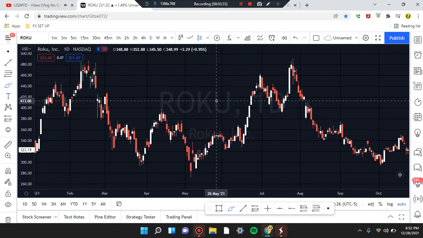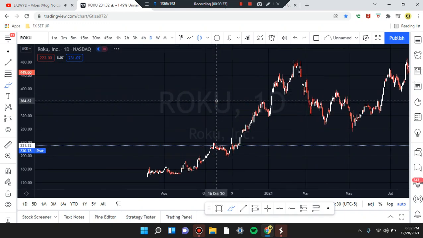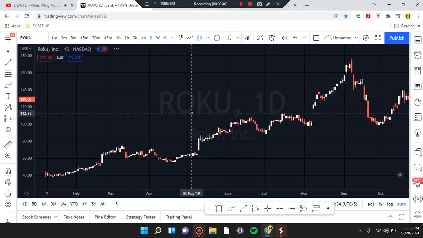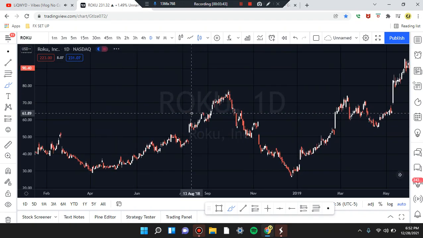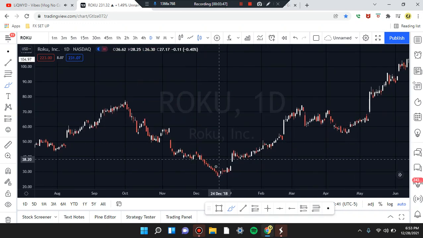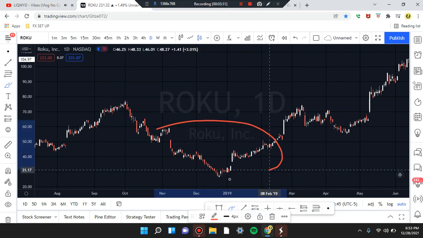Headed down to the daily. There's patterns all over this, so let's work our way backwards first. We got patterns all in this. So this pattern right here reminds me of the head and shoulders pattern.